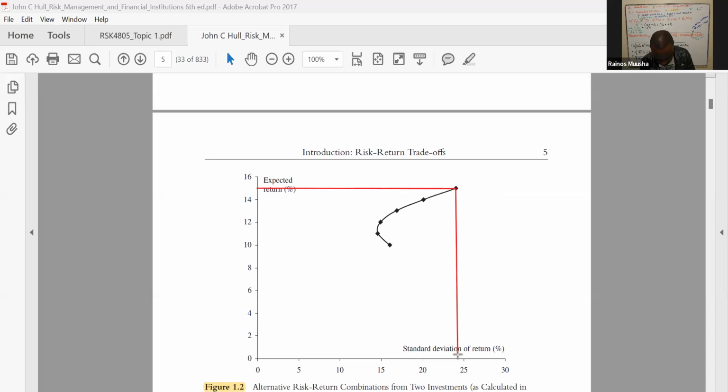Which means if your standard deviation is about 24% and your expected return is about 15%, the graph is going to be plotting somewhere here. Are we on the same page?